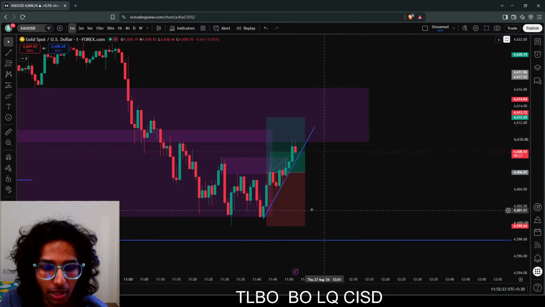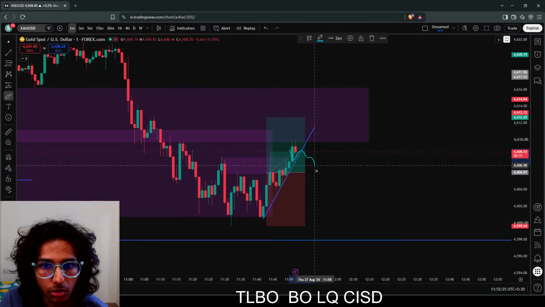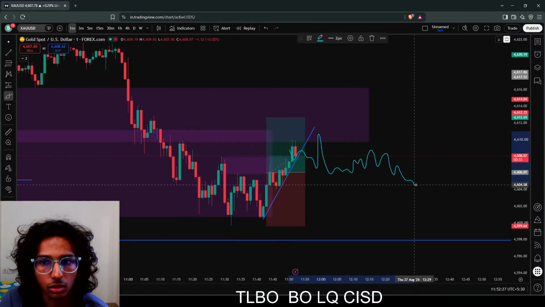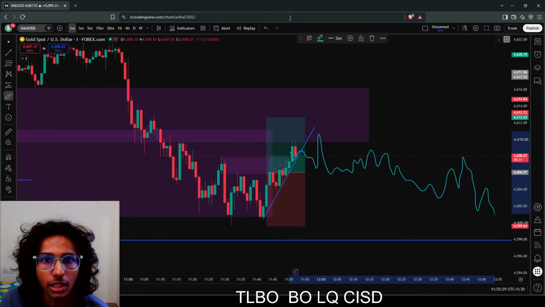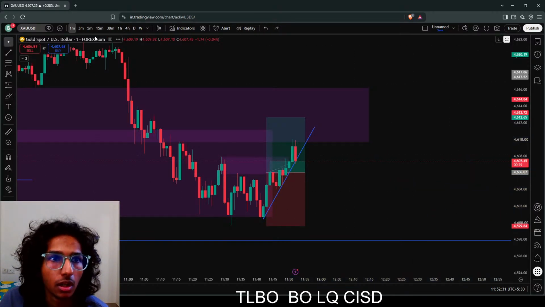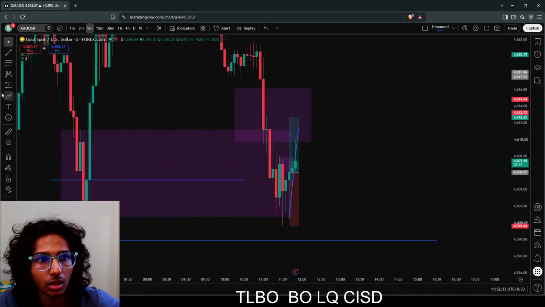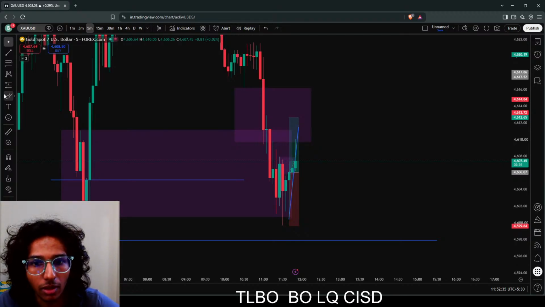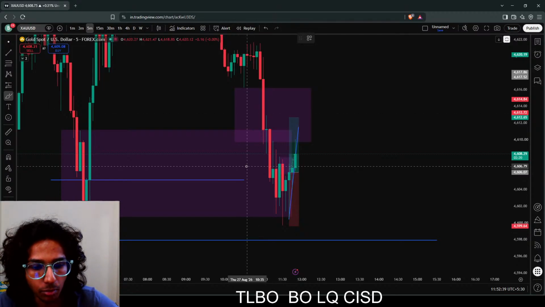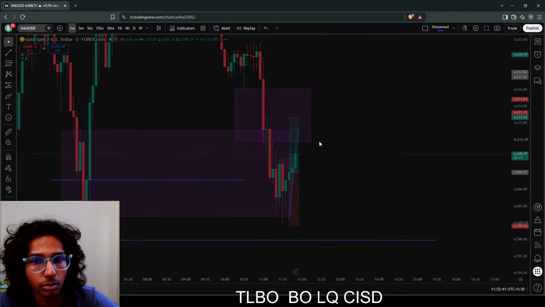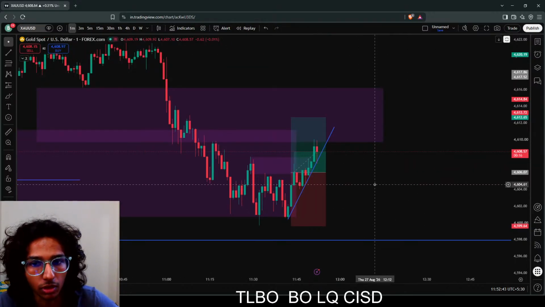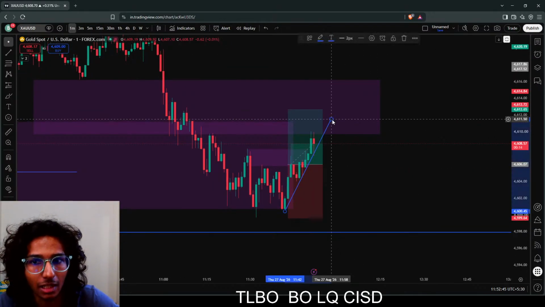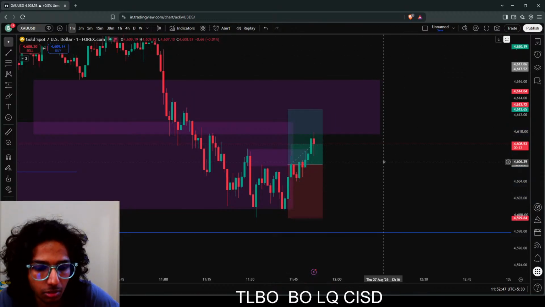I'll mark, okay, whenever price closes below this thing, go for the sells, go for the sells, again, go for the sells, something like that. But I'll get trapped so many times for the same cause, and I'll be like, why the price didn't move?